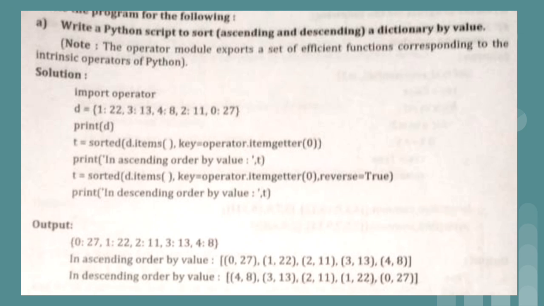And again if you want to sort the data in descending order for the values, then don't provide the second parameter, only provide two parameters, that is d dot items comma reverse equal to True. Then you will see the output as 27, 22, 13, 11, 8, like that. Okay, so this is our practical number 5A in which we have sorted the dictionary.